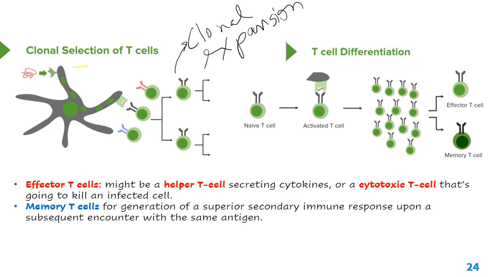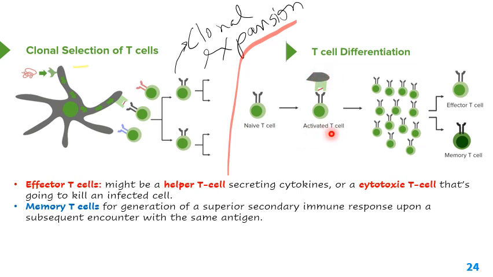Now, before expanding, this thing here was naive. Let me put a division here. Before expanding, this thing here was naive. It had not seen antigen. When it sees the antigen on this tentacle of that dendritic cell, now it gets activated.